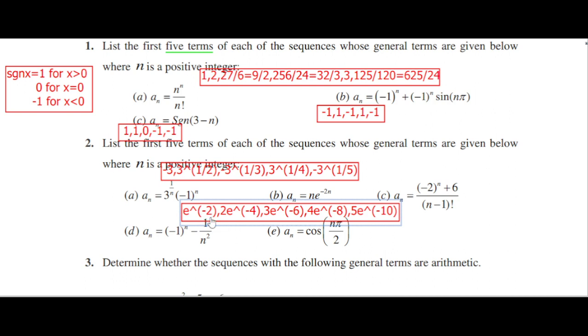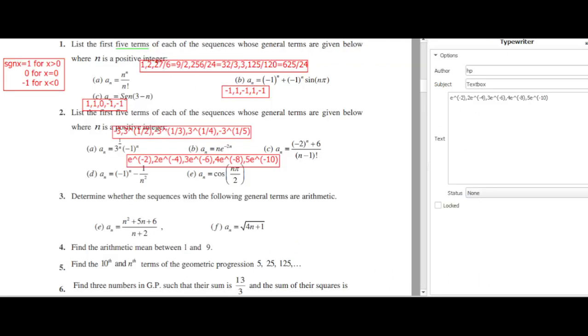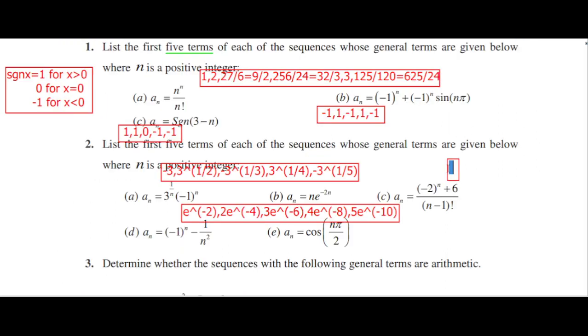e to the power of minus 2, 2 times e to the power of minus 4, 3 times e to the power of minus 6, 4 times e to the power of minus 8, 5 times e to the power of minus 10. Let's see number C. Let's substitute 1 for the first term.